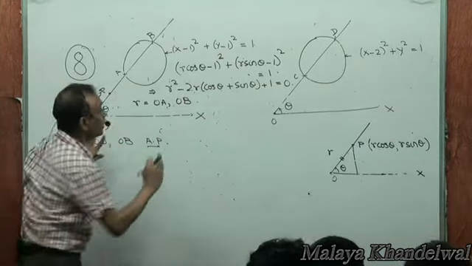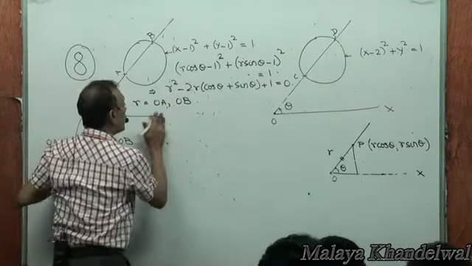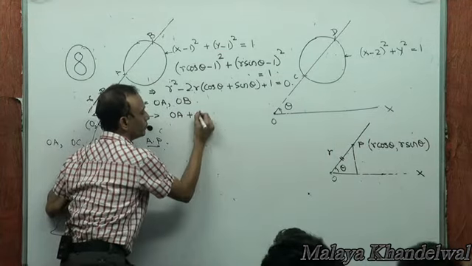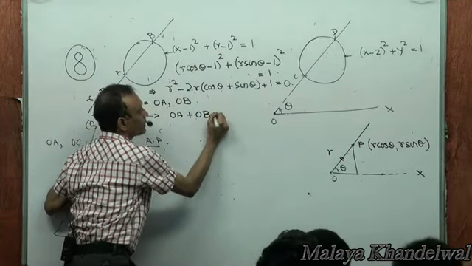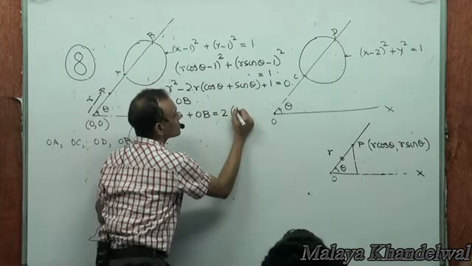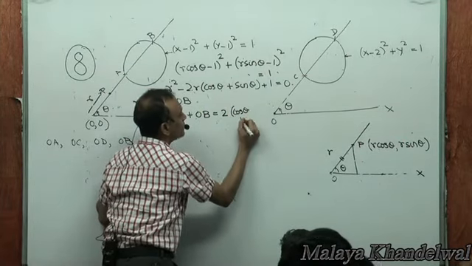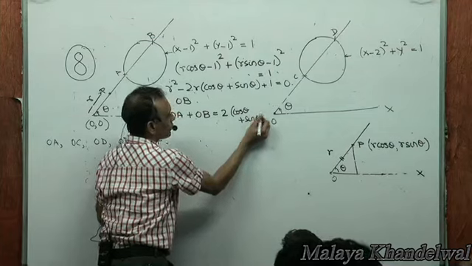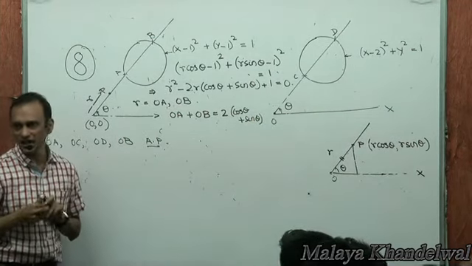Now, the sum of the roots, OA plus OB, would be minus b by a, which is twice (cos theta plus sin theta). Yes or no? That's OA plus OB. Are you all okay with this?